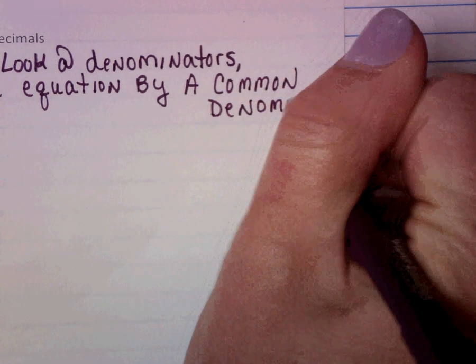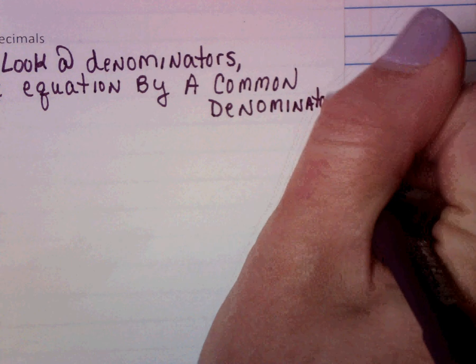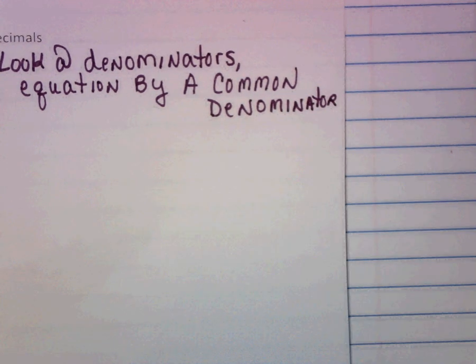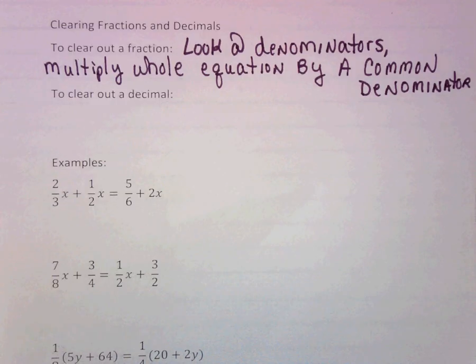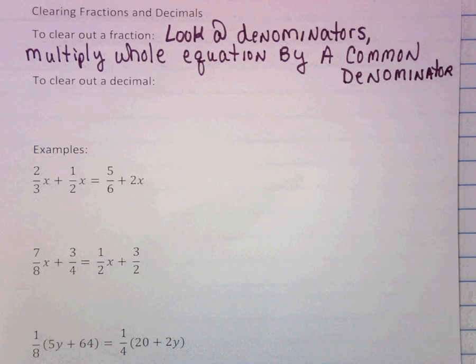By doing that, we're not trying to change the fractions to more fractions or fractions with like denominators, but if we pick a common denominator, it's going to clear out or get rid of those fractions.